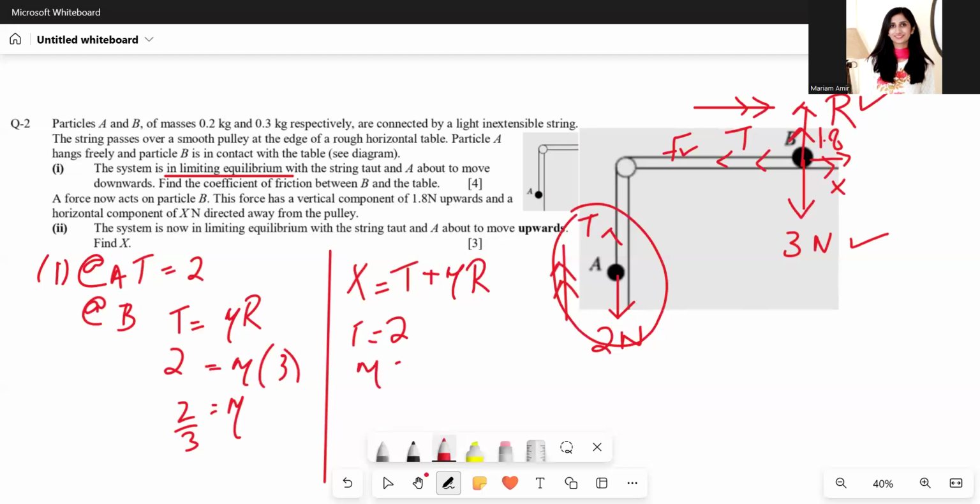And mu we know is 2 by 3. And R can be found by adding R and 1.8 and equating it to 3. So R plus 1.8 equals 3, which means R equals 1.2.